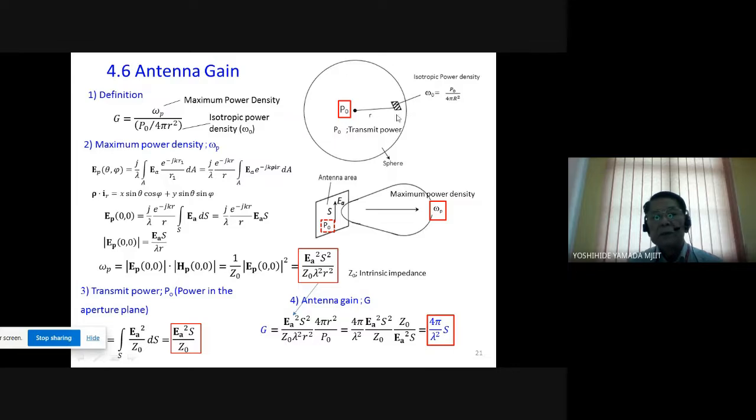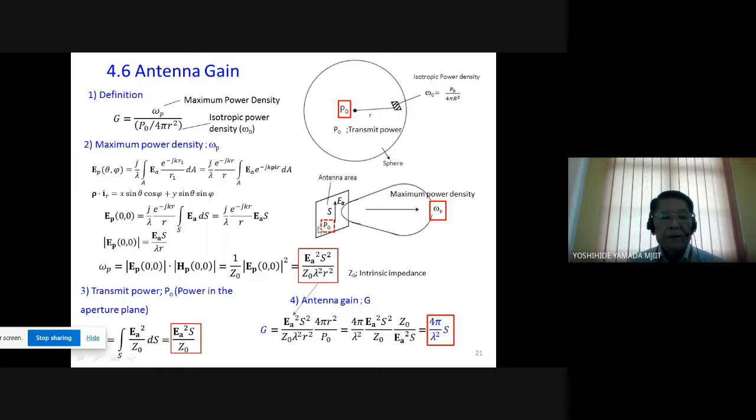Isotropic means radiation spreads on a sphere of radius r. So applying this one, this part is omega 0. So this part is in the case of a directional antenna.